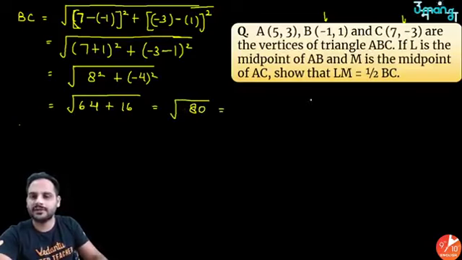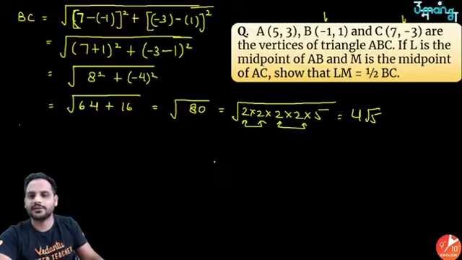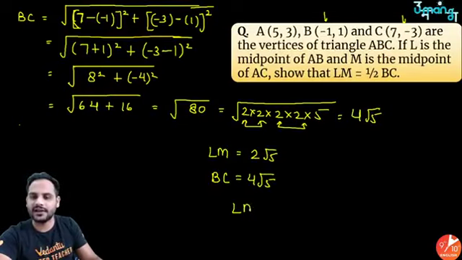So the prime factorization of 80, son, will be 2 into 2 into 2 into 2 into 5. Okay, so it will be equal to 4 root 5 units. So look, LM is equal to 2 root 5 units, we have got. BC is equal to 4 root 5 units. So we can clearly say LM is half of BC.